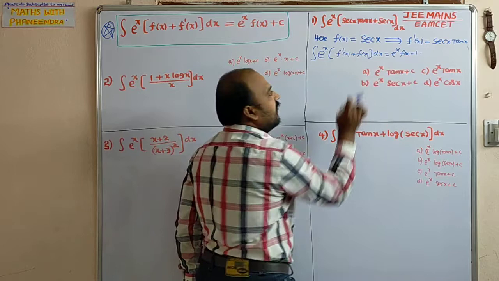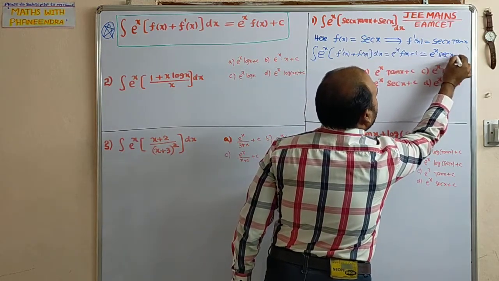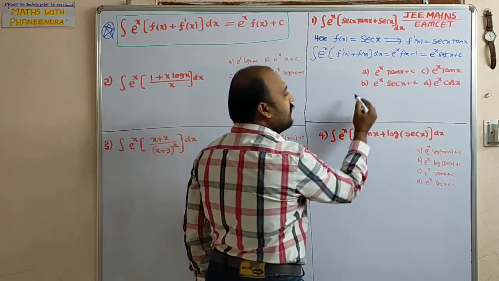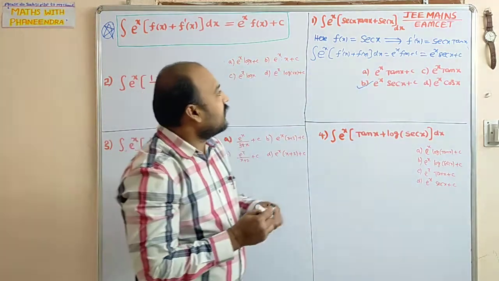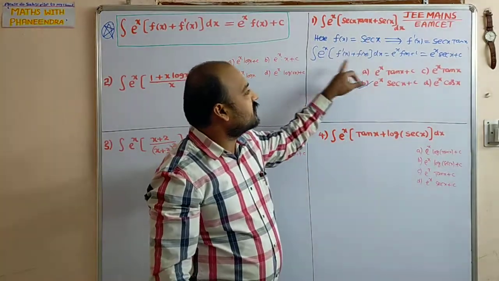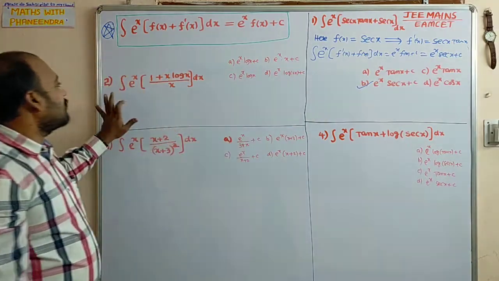What is f of x here? f of x equal to secant x. So e power x into secant x plus c, which is there exactly in the second option. Integral e power x into secant x plus secant x tan x, value is e power x into secant x plus c. Similarly, come to the second question.